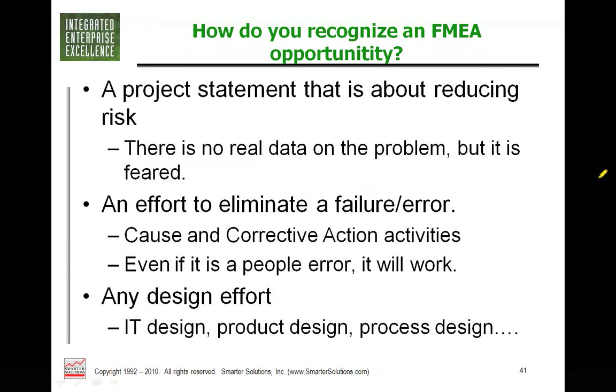You want to eliminate a failure and error. Even if you have people error, basically it's going to work. If you're looking at design effort, for example IT, that's an example of where something can go wrong. That's what I try to start with here: where can something go wrong, and start looking at it from that point of view.